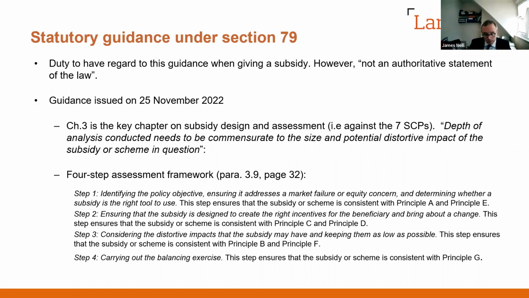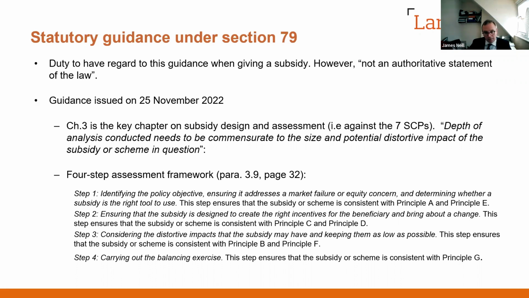But if there was one takeaway from this guidance, there's one part that I would recommend any public body have a quick read of now: the 4-step assessment framework that the guidance sets out on page 32.